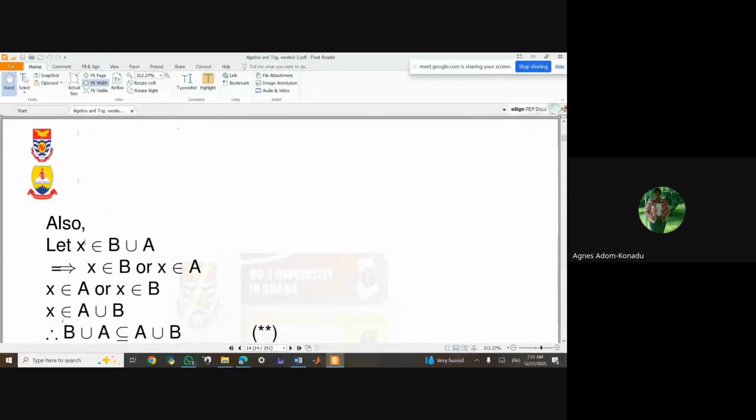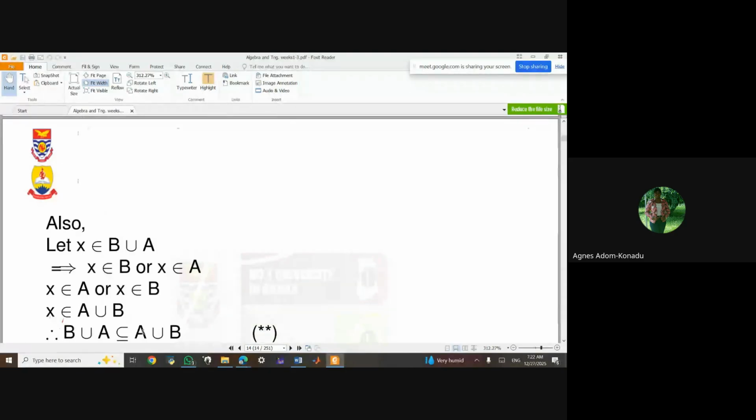We also want to show that X is in B union A. This implies that X is in B or X is in A. This also implies that X is in A or X is in B. And we can rewrite this as X is in A union B. Then we conclude that B union A is contained in A union B.